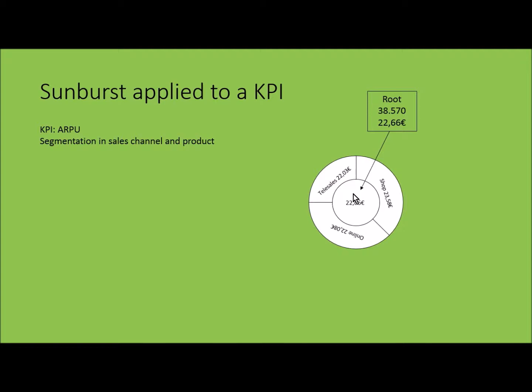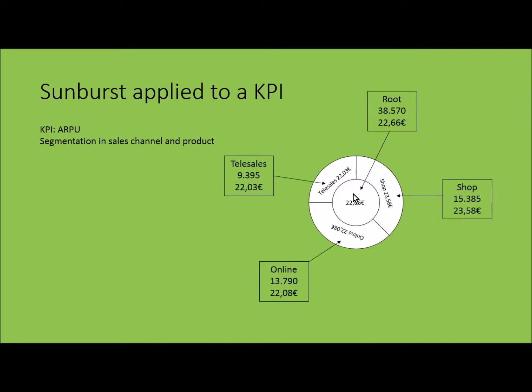Now if we split it in sales channel, basically that's what we get with this first ring. So the ring shows the three sales channels: telesales, shop and online. And we've got two information in every one of these arcs. The size of the arc represents the number of sales, and inside we've got the value of the KPI.